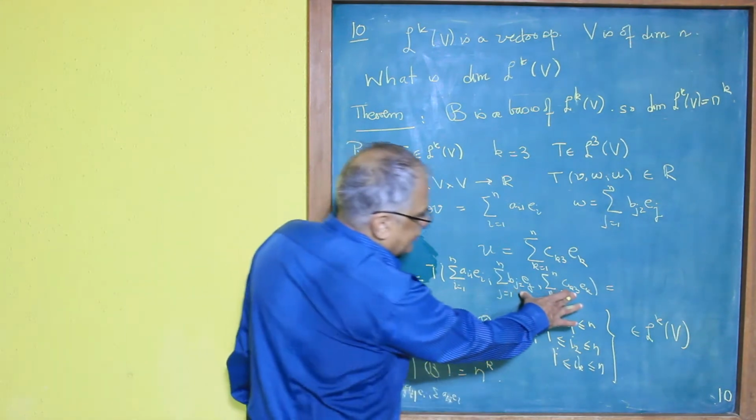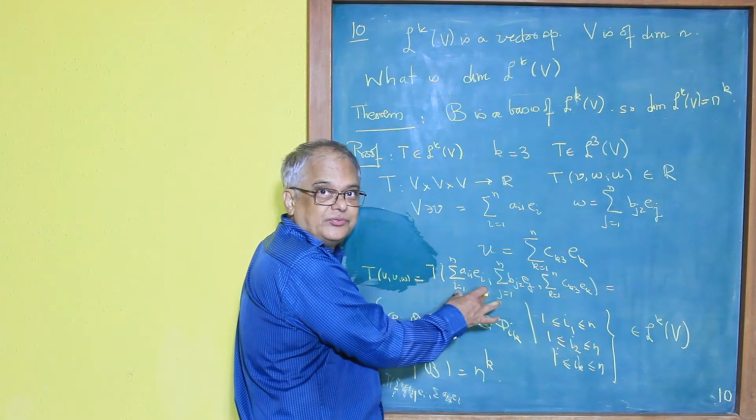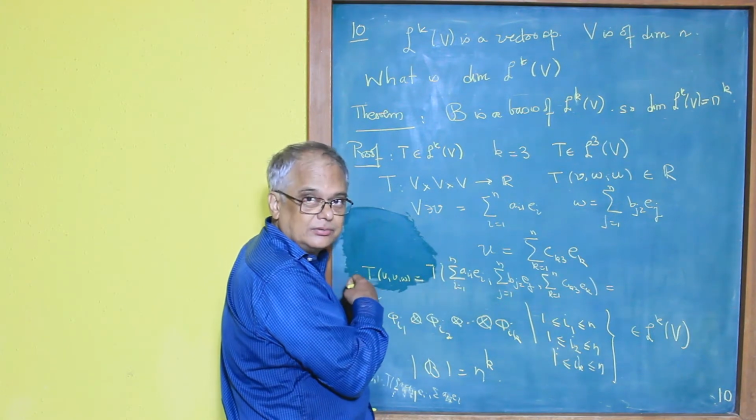But now keep these two fixed. Look at it as a function of one variable. It is linear in this variable. So I can take this summation i equal to 1 to n outside.